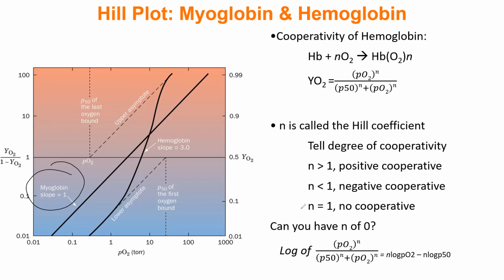But let's look at hemoglobin. Hemoglobin, to begin with, at the lower asymptote here, has a Hill coefficient of 1 as well. So at very low concentrations of oxygen, hemoglobin won't bind oxygen, so it looks like there's no cooperativity there. However, as the oxygen concentration increases, our line starts to go up, and now the slope is no longer 1, but it is roughly 3.